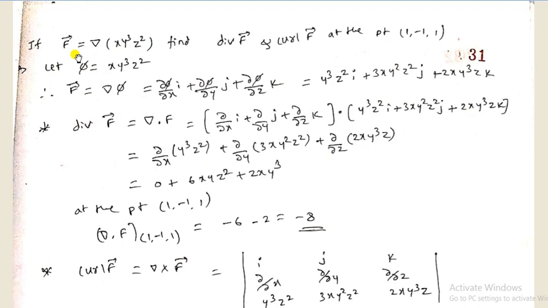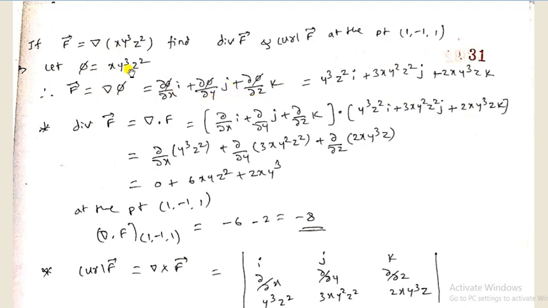Next example, vector f equal to del of x y cube z square. Find divergence of f and curl f at the point 1, minus 1 and 1. So first, write this x y cube z square as phi. Then we calculate vector f. Vector f means del phi. So del phi is dou phi by dou x i, dou phi by dou y j, dou phi by dou z k.